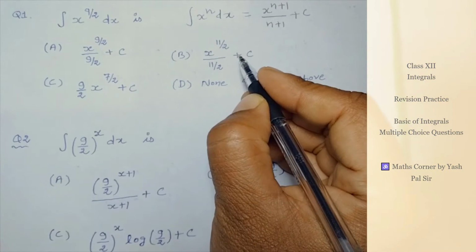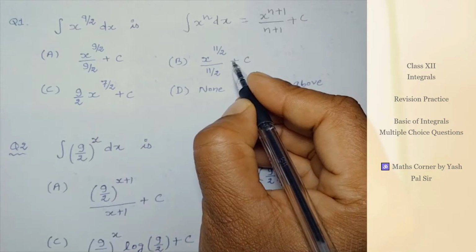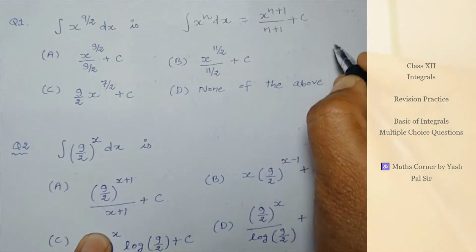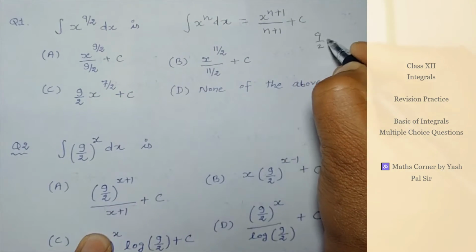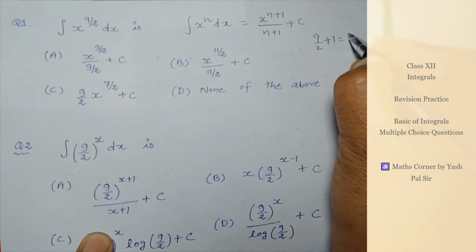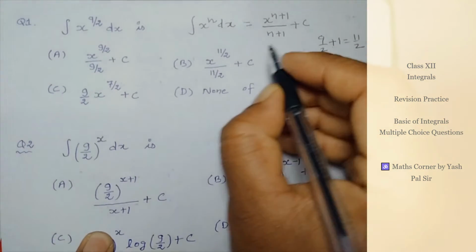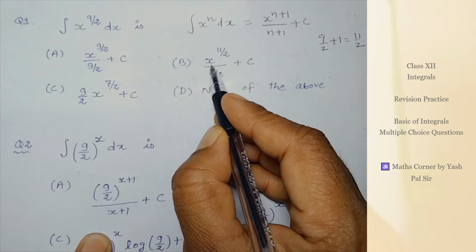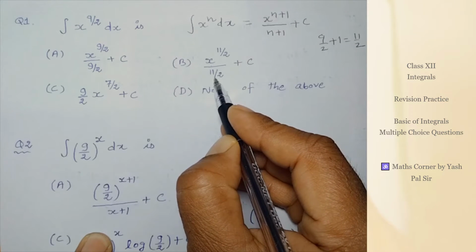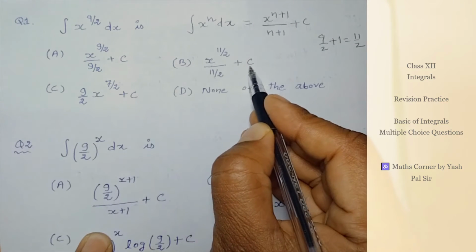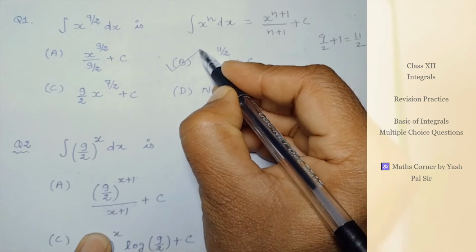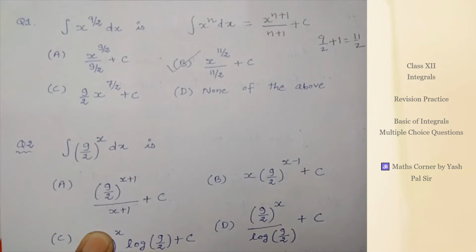So here in place of n we have 9 by 2. So 9 by 2 plus 1 becomes 11 upon 2. So x raised to power 11 upon 2 divided by 11 upon 2 plus c. Option number B is the correct choice.